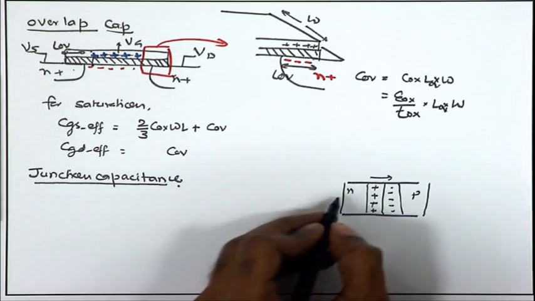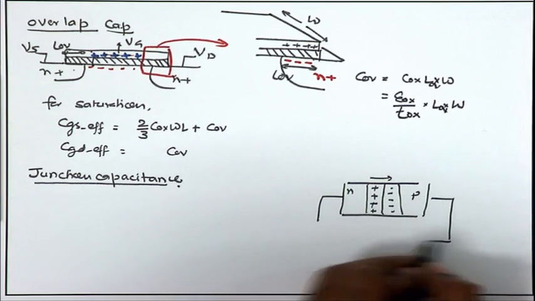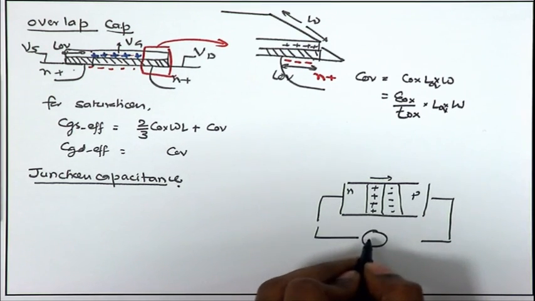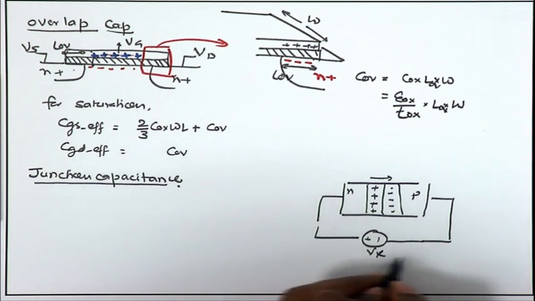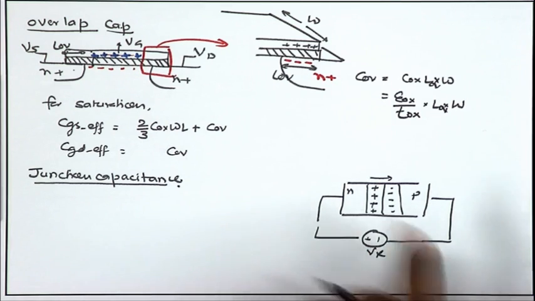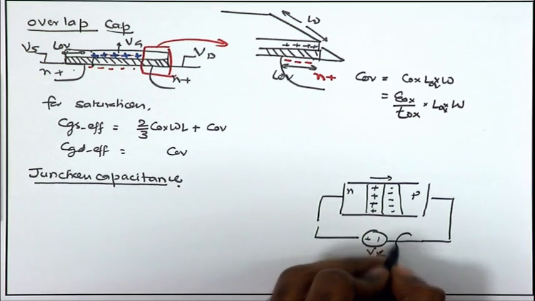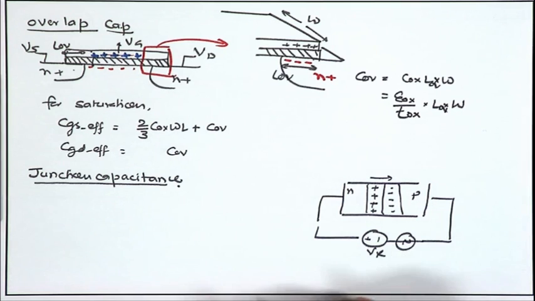And if you are applying a DC reverse bias, say VR, and on top of this you are applying some AC signal trying to change the VR, either making it a little bit more positive or a little bit more negative.